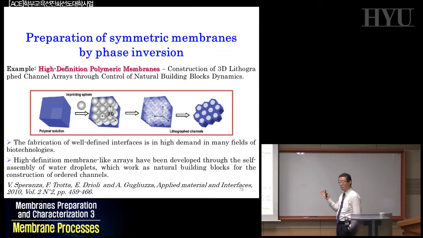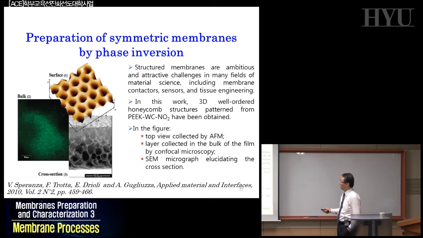You can make this type of membrane with block polymers again. Or you can make very nice channels. And nice channels are very important because you have a very narrow pore size distribution and a similar channel length as well.